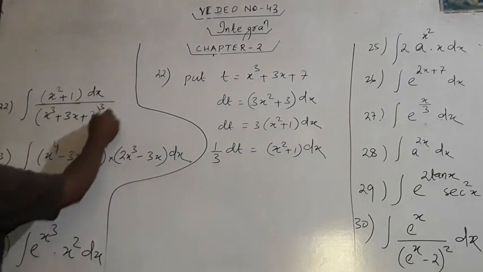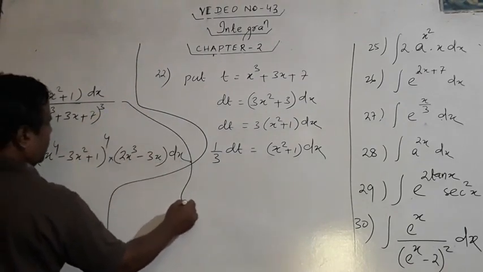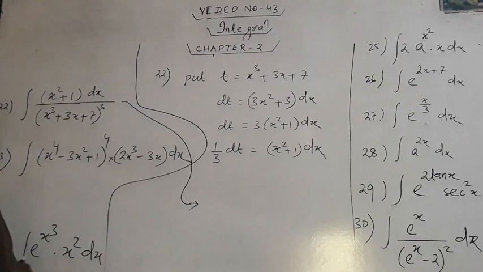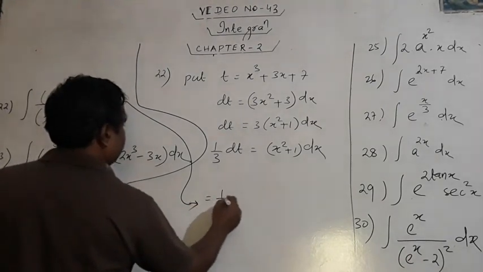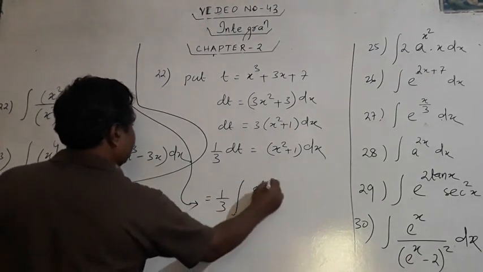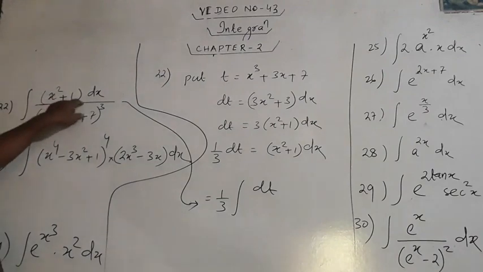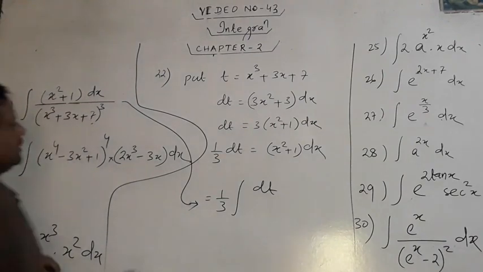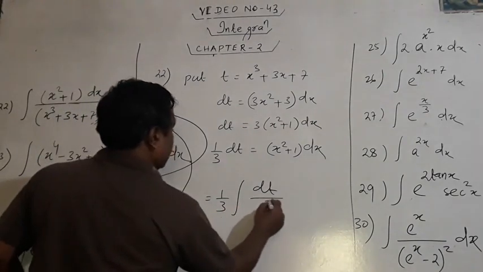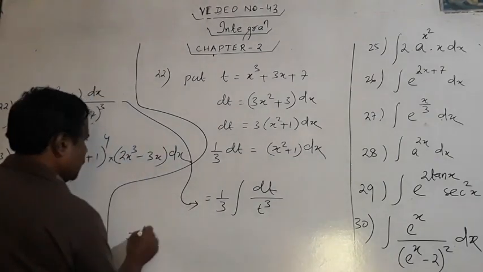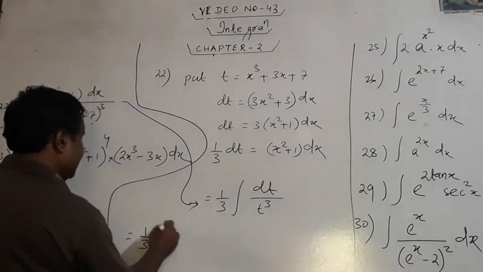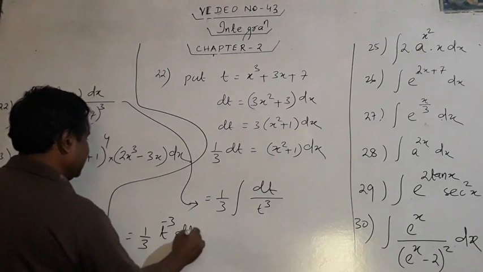Look at here. You have to put 1 by 3 dt in place of (x square plus 1) dx. Then the denominator is what? t cube. It becomes 1 by 3 t to the power minus 3 dt.